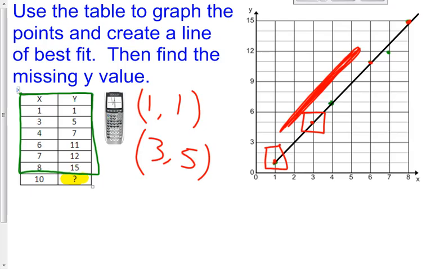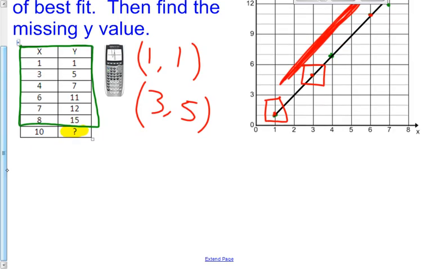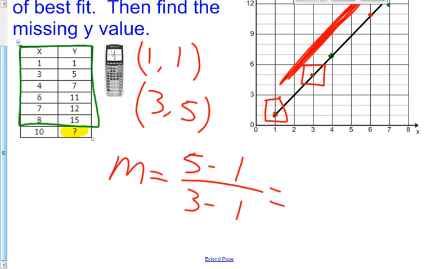So I'm going to do that whole process that I've been doing the past week, basically. It's going to be finding my slope, which is y2 minus y1 over x2 minus x1. 5 minus 1 divided by 3 minus 1. We'd get 4 halves, so my slope is 2 for my line of best fit.